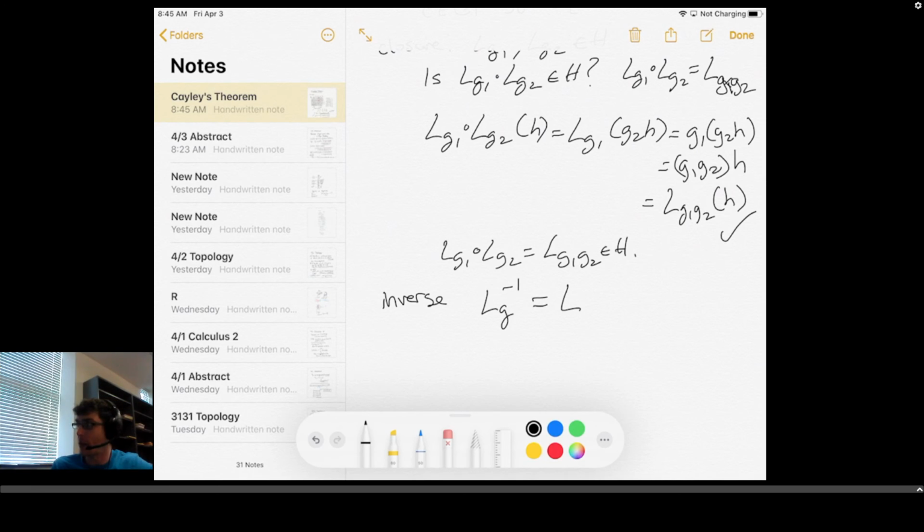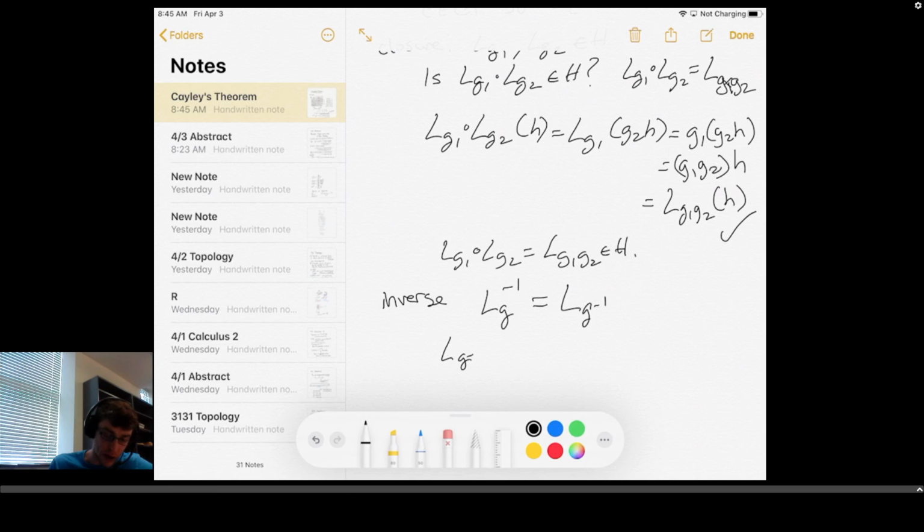What do you think it's L sub? Left multiplication by what element would invert left multiplication by G? Yeah, so it's L_H where H is G inverse.